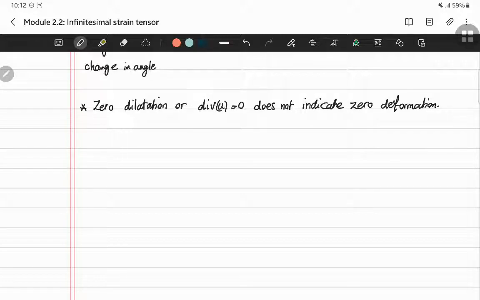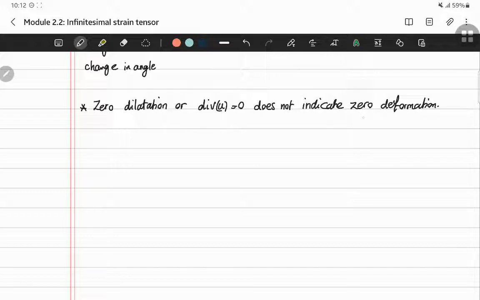You will learn more about this in your elasticity course, where you see that your domain undergoes deviatoric kinds of stress, which do not change the volume but deform your domain or configuration.